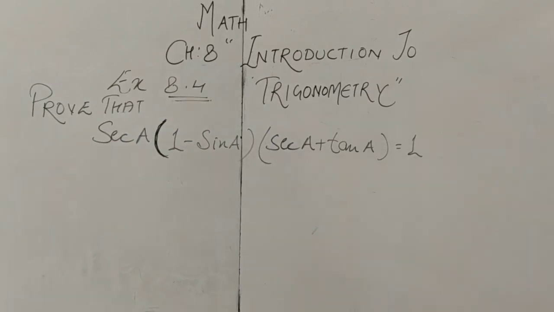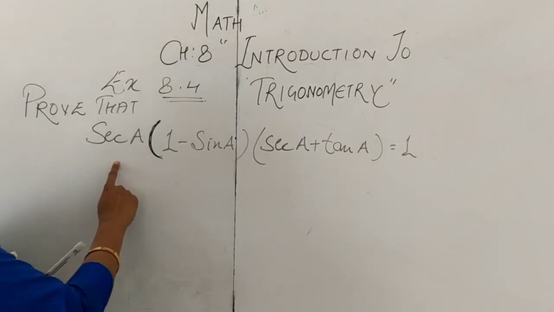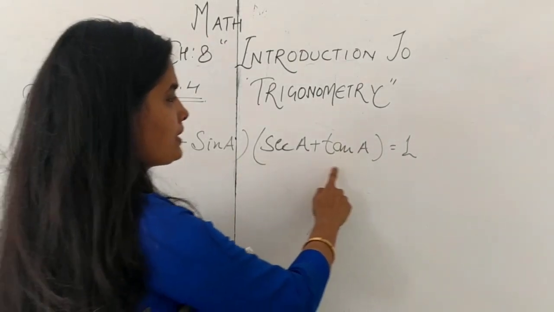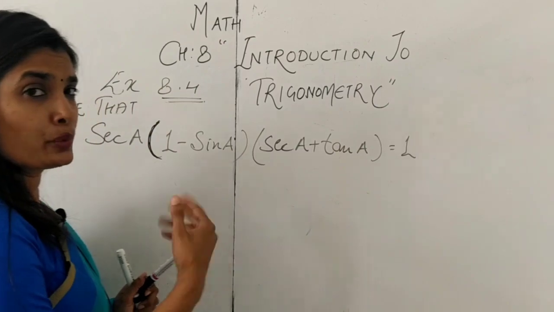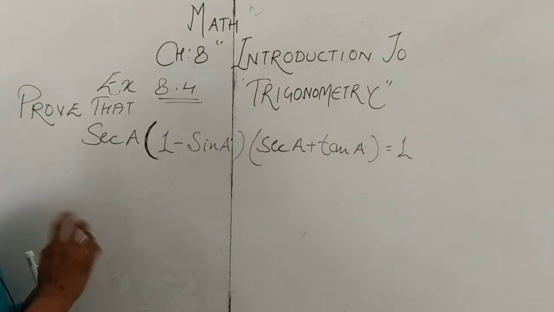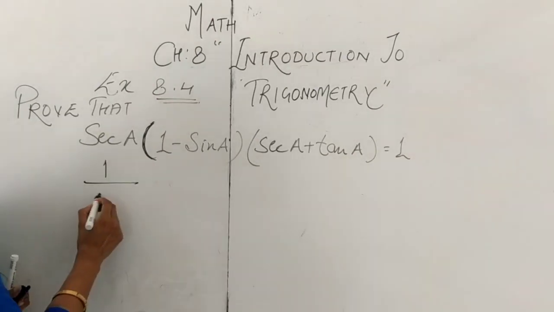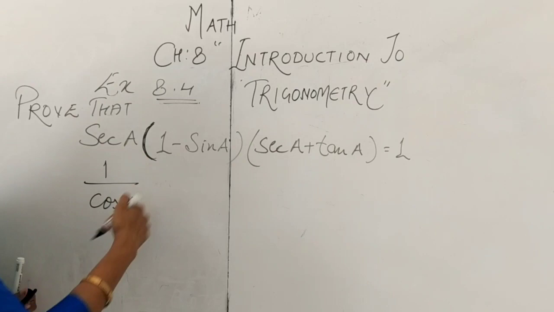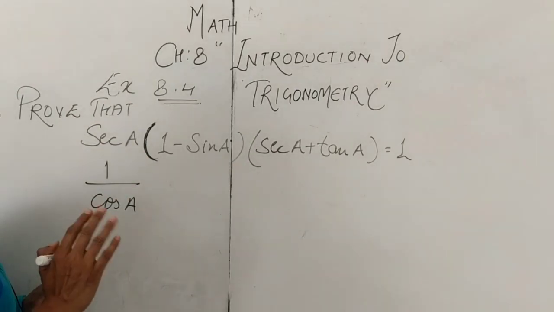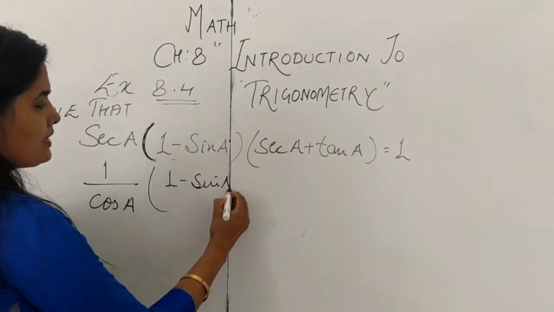Now with the help of identity we can solve this, that we have to prove sec a (1 minus sin a)(sec a plus tan a) equal to 1. Clear? हमको प्रूव करना है कि LHS और RHS इक्वल है क्या. तो देखो क्या करेंगे, in place of sec a I can write 1 upon cos a, because sec a is just reciprocal of cos a. 1 minus sin a as it is.